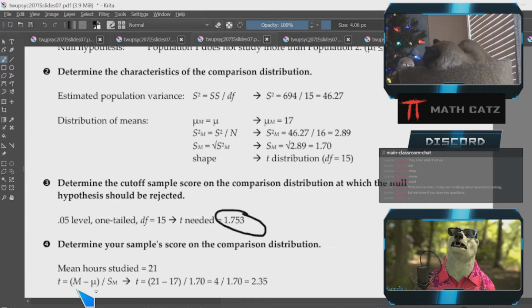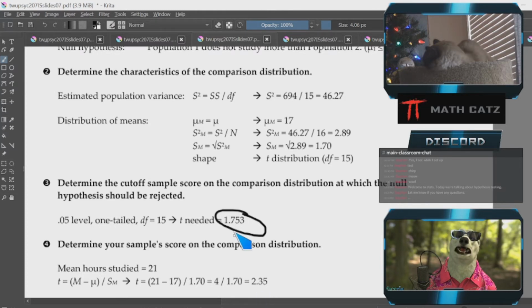Sample mean minus population mean over standard error, which is really the approximation of the standard error, which is why we use an S and not a sigma. Plug that in, get that our observed t-score is 2.35.